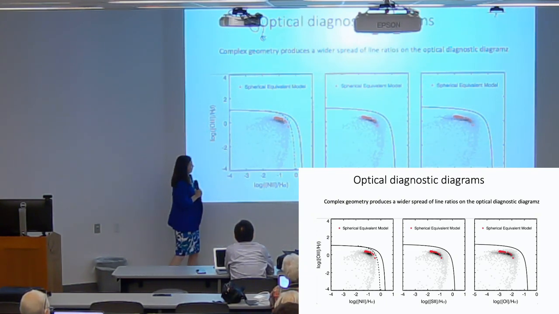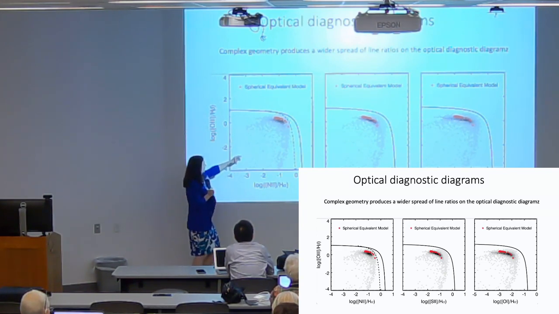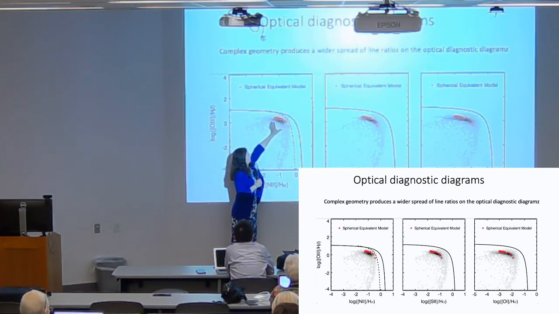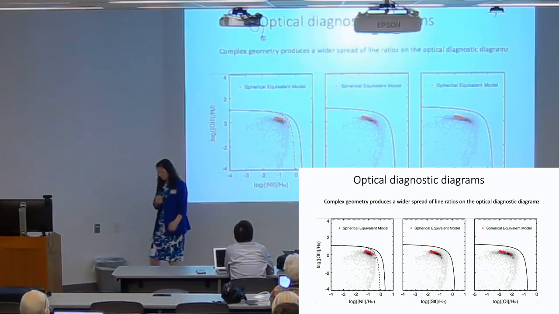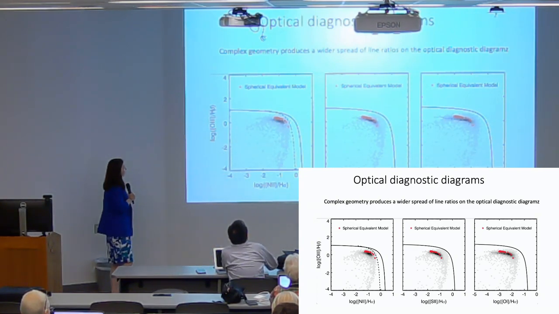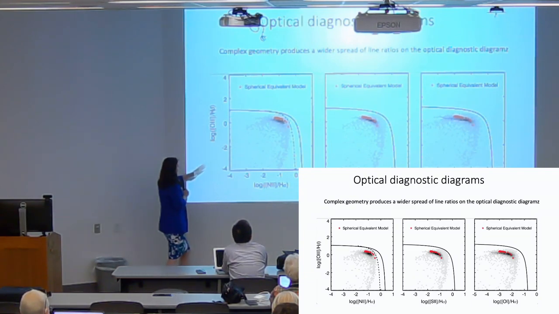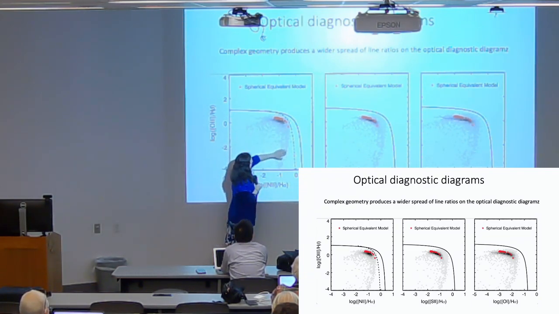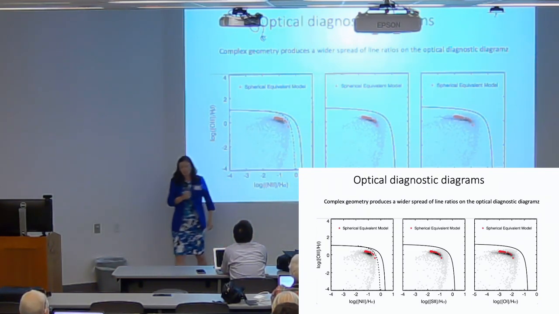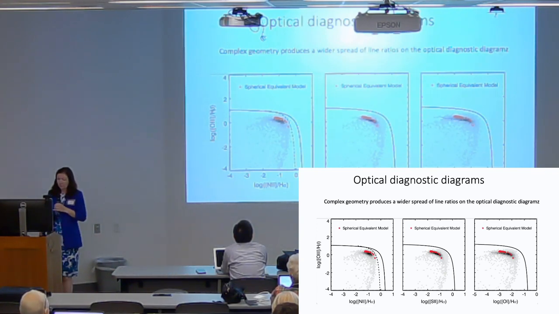Previously, with spherical models, we weren't able to reproduce the full range of data. They really were lying in a very small part of the diagram, and now with the complex geometry, we're able to reproduce much better the full distribution that we would see of H II regions on these optical diagnostic diagrams.